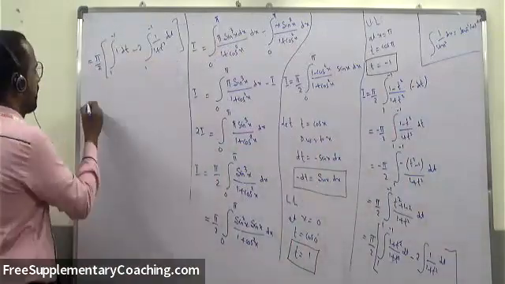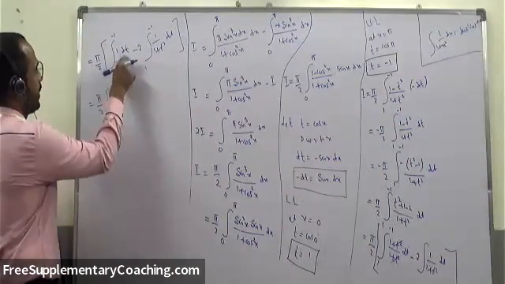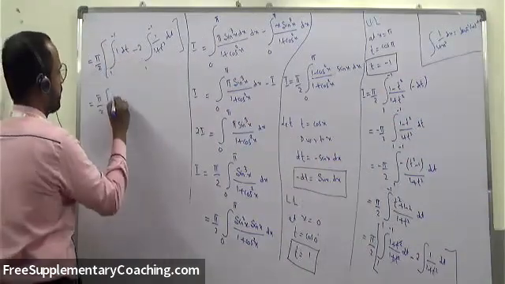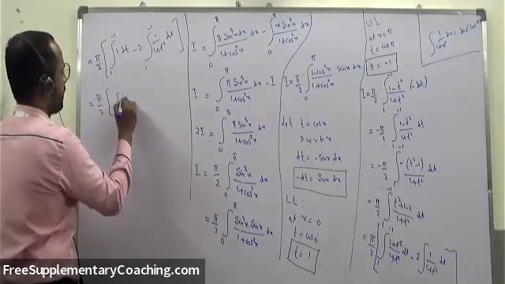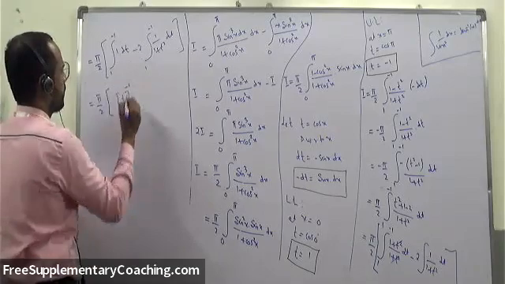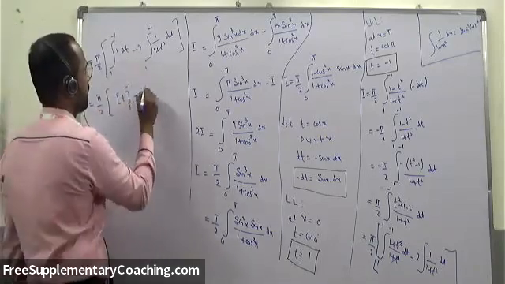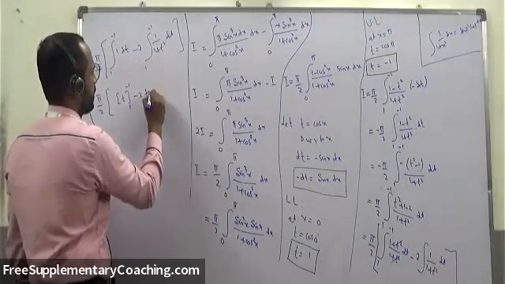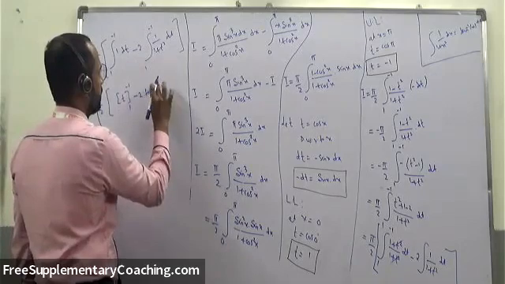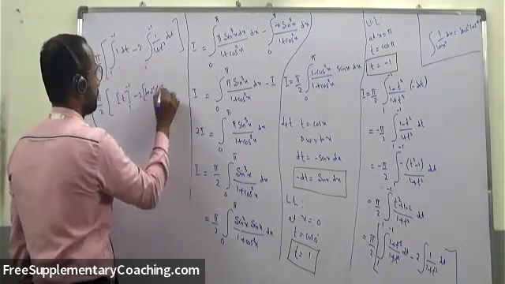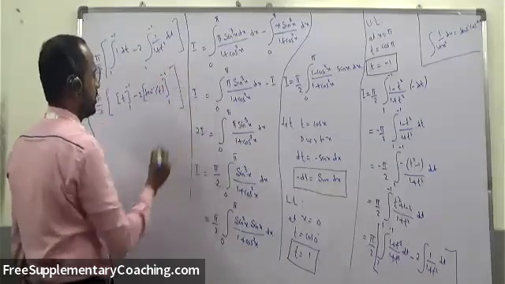So I apply integration to the given functions. 1 into dt is just t, with lower limit and upper limit, minus 2 as it is. This becomes tan inverse of t, lower limit, upper limit, and close this big bracket.